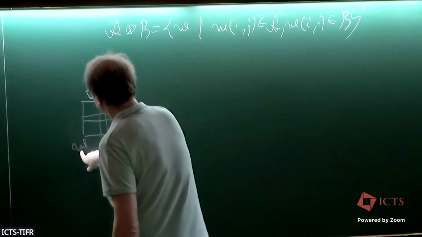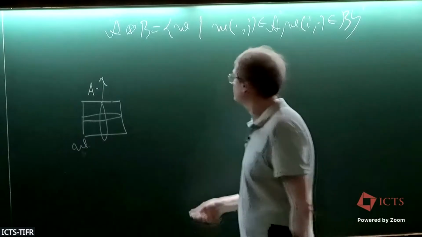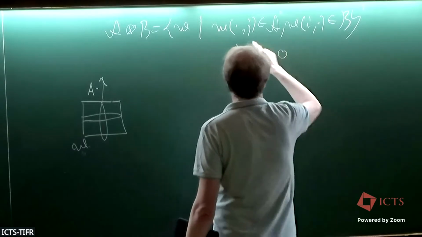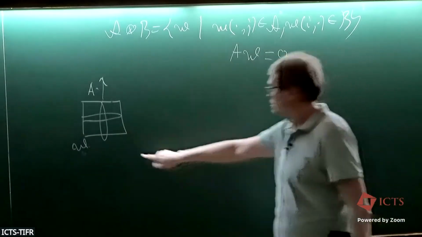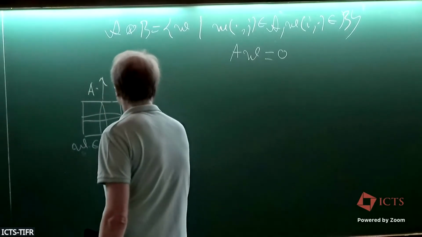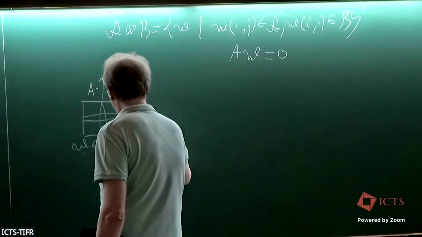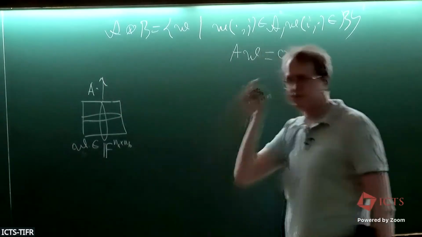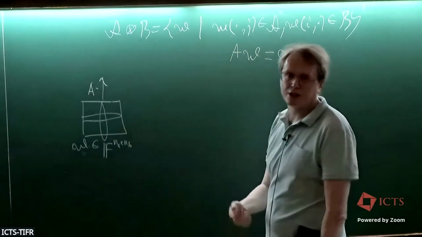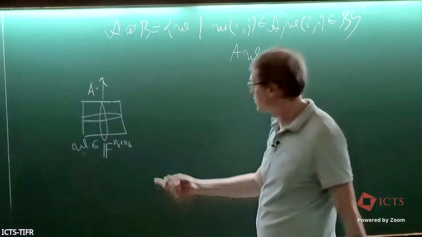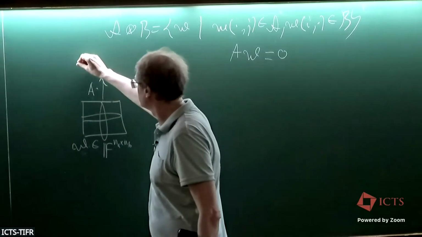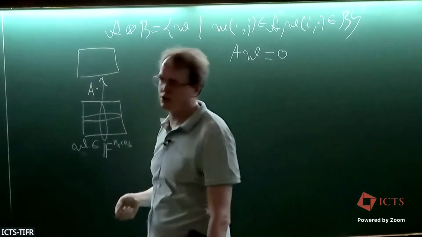We can multiply W by A, and this checks this condition, because we apply the linear operator A to each row, and if it's zero, we have a zero syndrome.